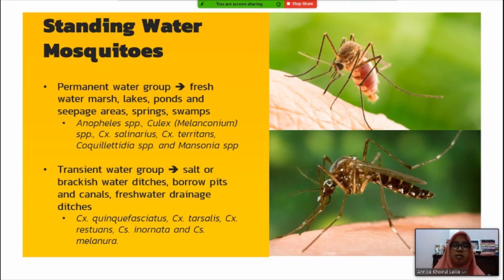The mosquitoes found mostly in this area are Anopheles, Culex, and Mansonia also found in this area. The transient water group are salt or brackish water ditches, borrow pits and canals, and freshwater drainage ditches, and mostly the mosquitoes found in this area are Culex.